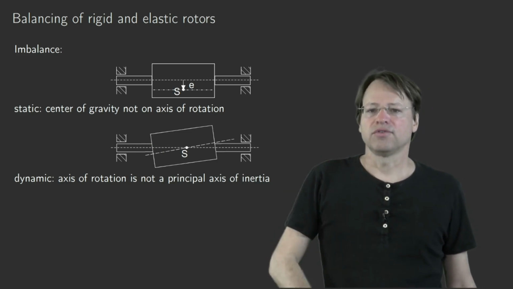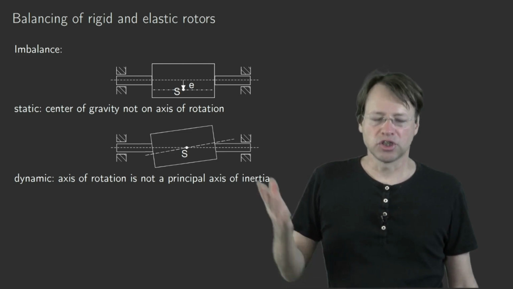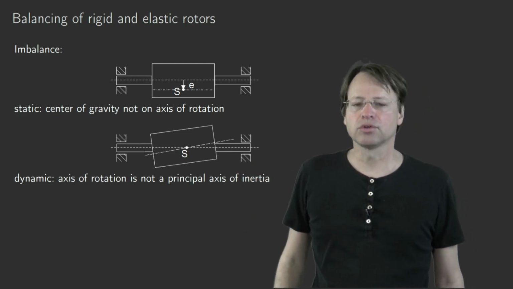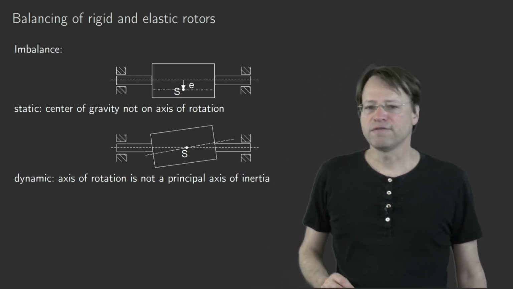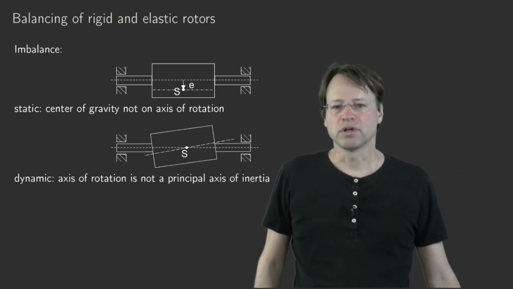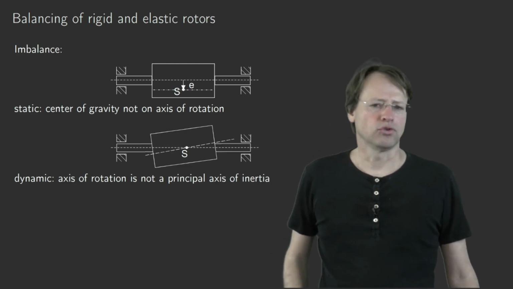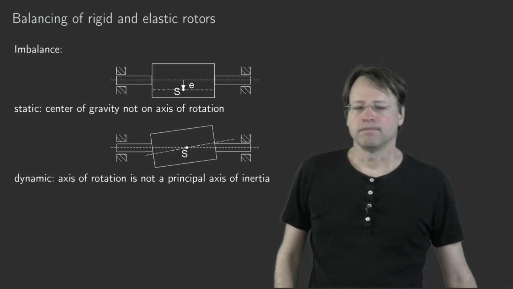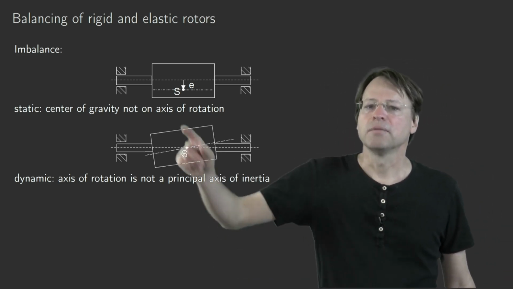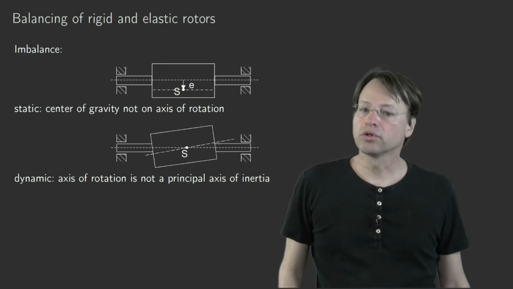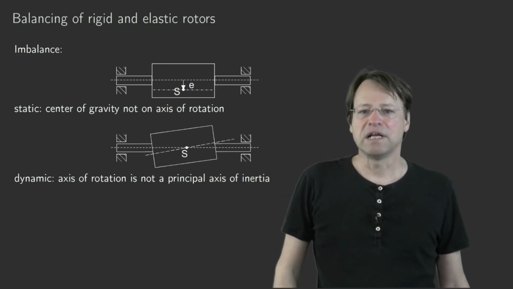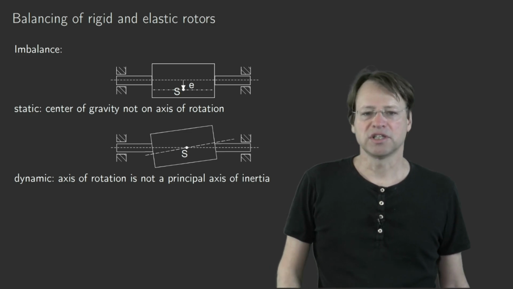These two kinds of imbalance are present in rigid and also, of course, in elastic rotors, and I will study with you the effect of these two imbalances, and finally we want to remove them. So I will also study with you the balancing of rigid and elastic rotors, and we will analyze a balancing machine in more detail.